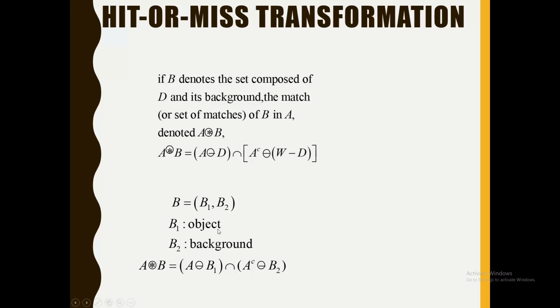So B1 corresponds to the object or foreground and B2 corresponds to the background. So A hit or miss transform with B is equal to A erosion with B1 intersection A complement erosion with B2.